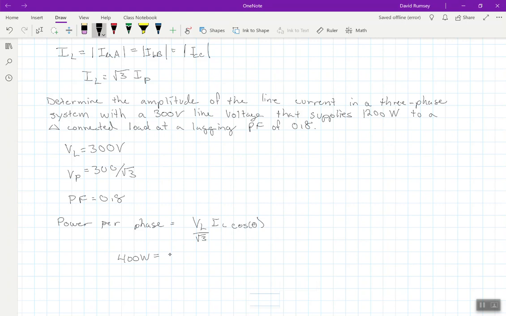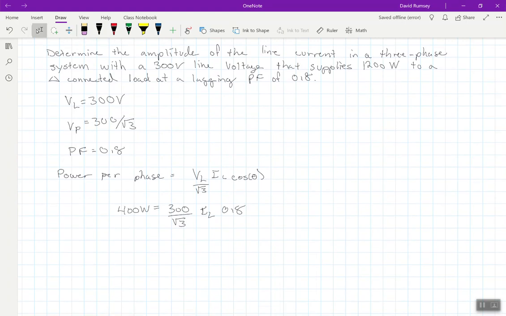And so we get 400 watts is equal to 300 divided by the square root of 3 times my line current, times cosine of theta. We know what cosine of theta is. It's 0.8. And we'll see here that, not too surprisingly, we get the line current to be 2.9 amps.